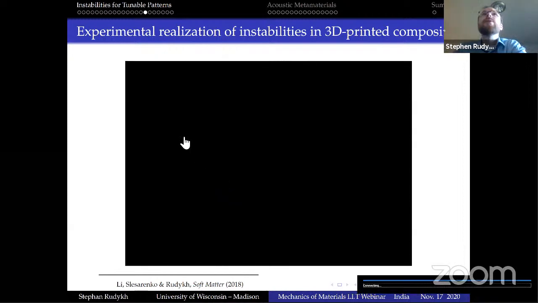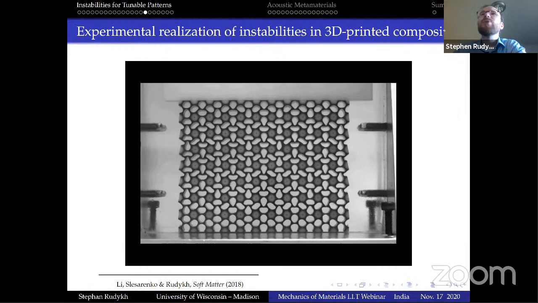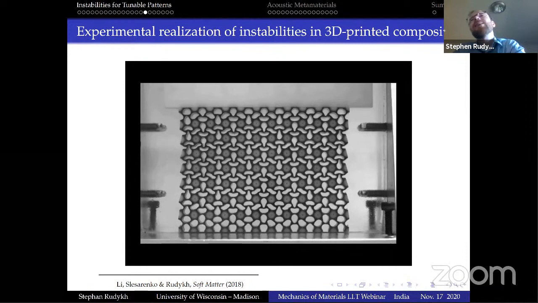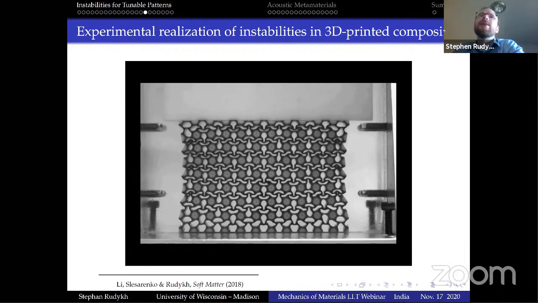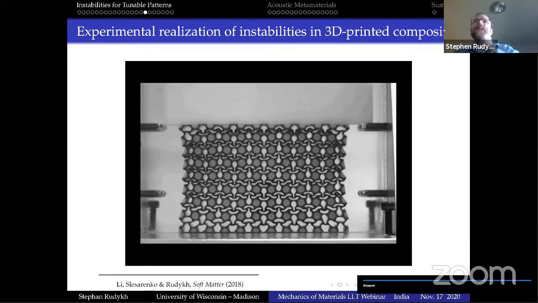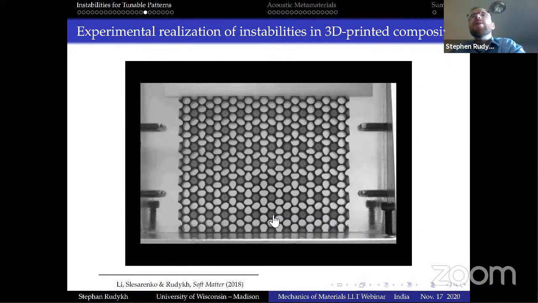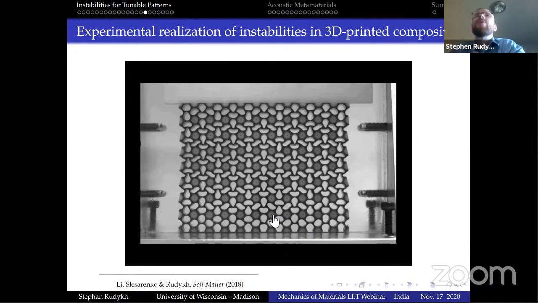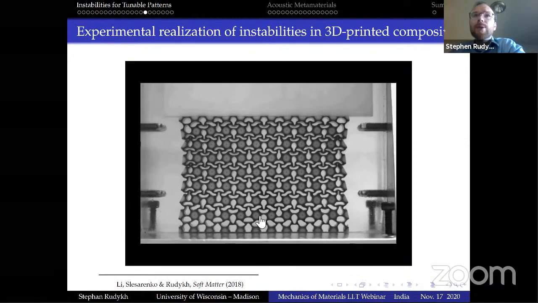Now we're going back from 3D to 2D, to something more exotic, let's say. Here what we see is a material with two materials and three phases, if you like. Let me explain.